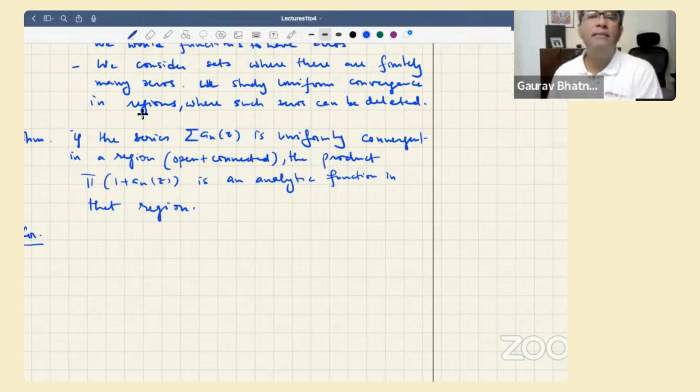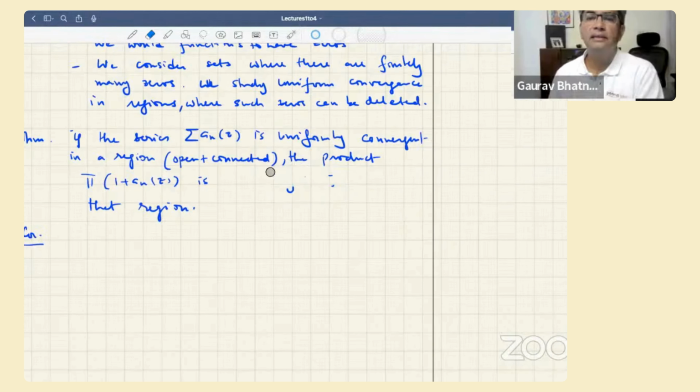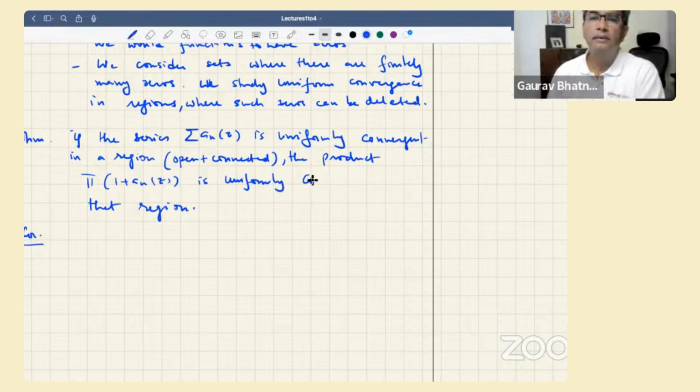No wait, I'm mixing things. It is uniformly convergent in that region, so this follows from the previous result.